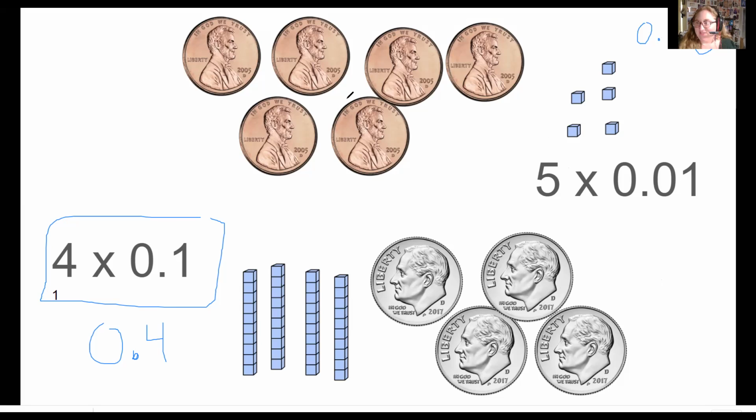They'd be 5 cents. So you can remember that multiplication is repeated addition, and it's like saying you have 4 groups of 1/10 or 5 groups of 100th. This works really well when you have a whole number times a decimal. You can think about it like that's how many groups I have of that decimal.